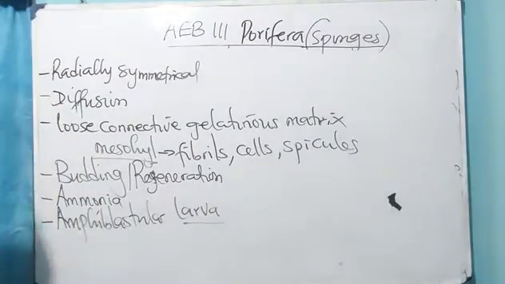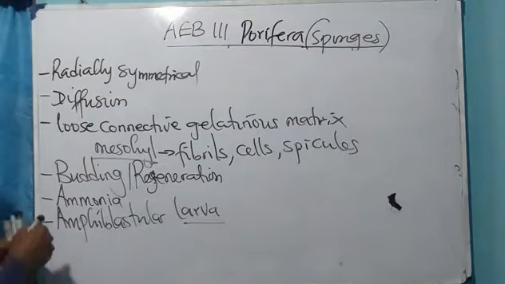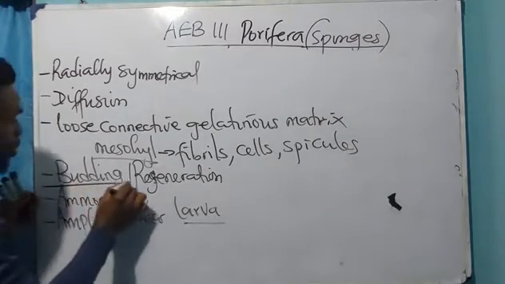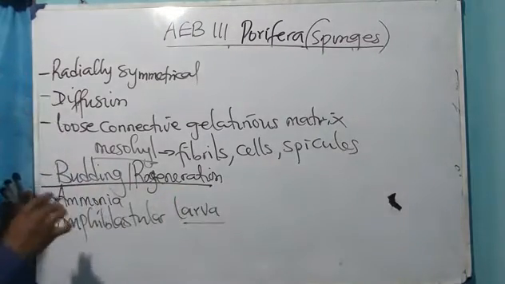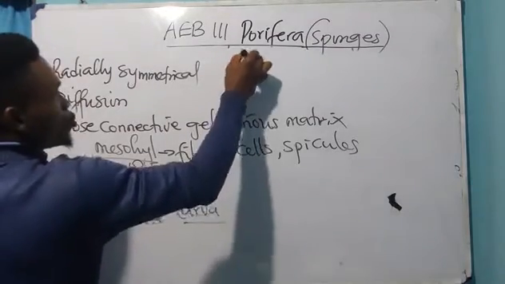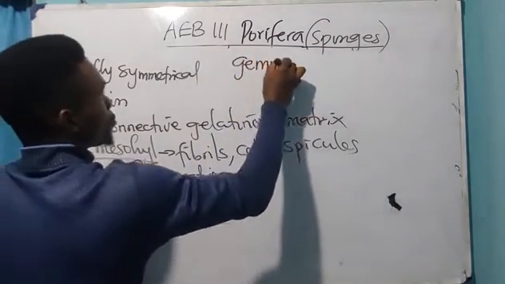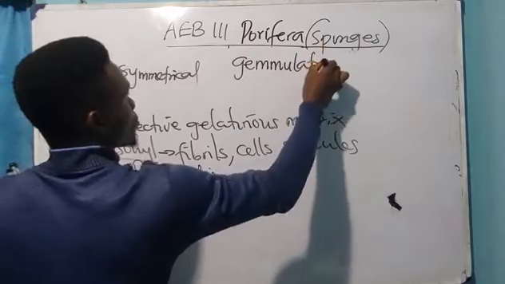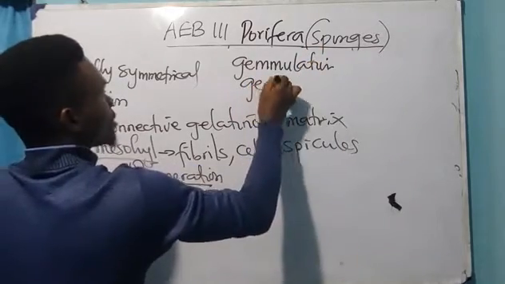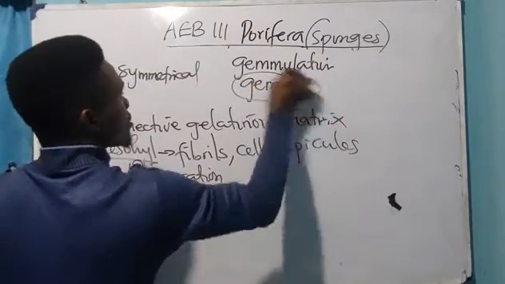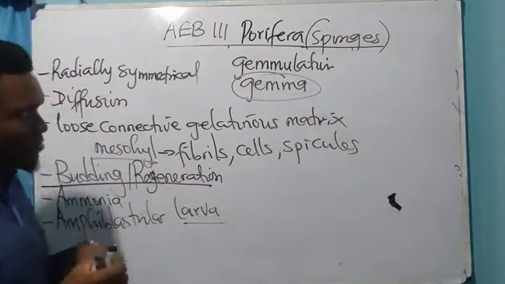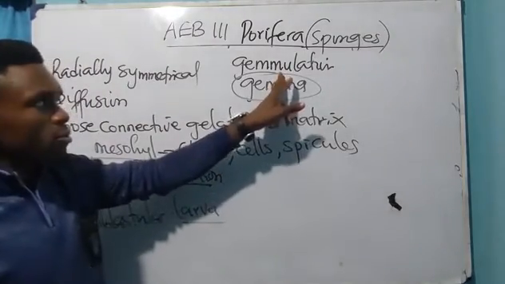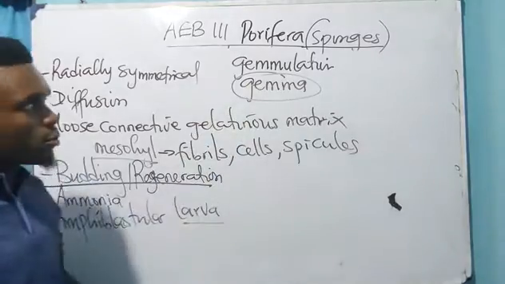Take note of that. Now, this is a type of asexual reproduction, but there is also a type of sexual reproduction, which occurs through germination. Germination is a type of sexual reproduction in sponges.